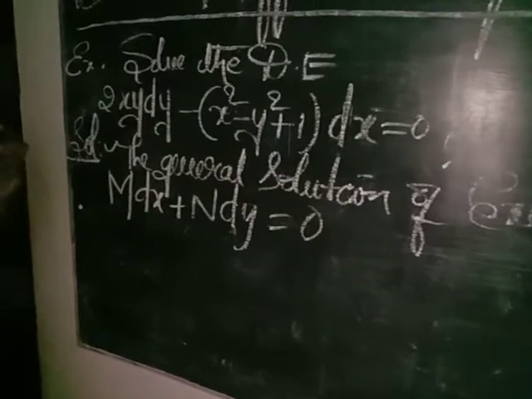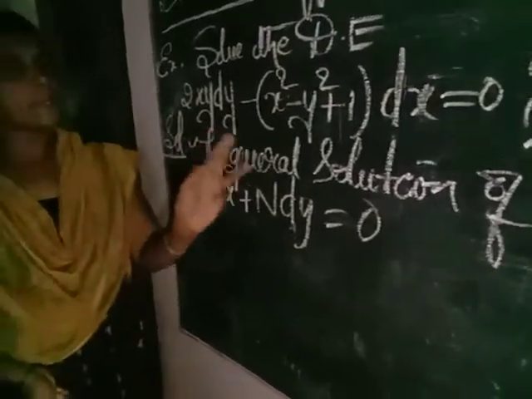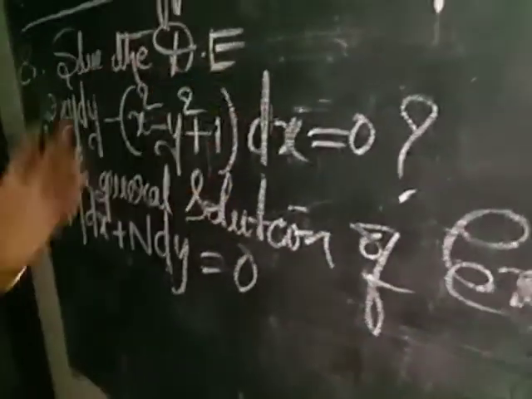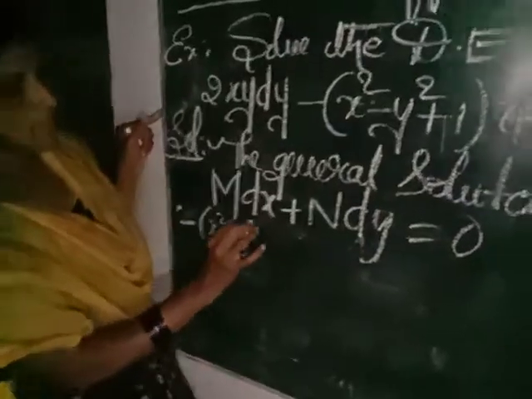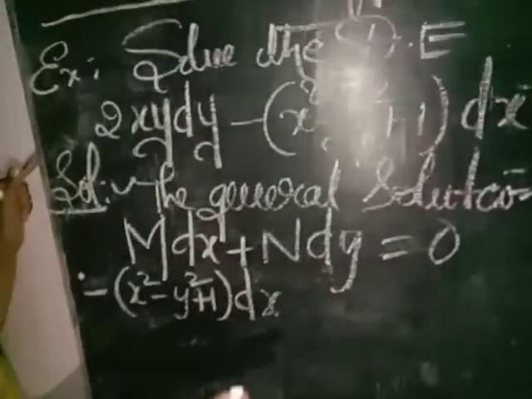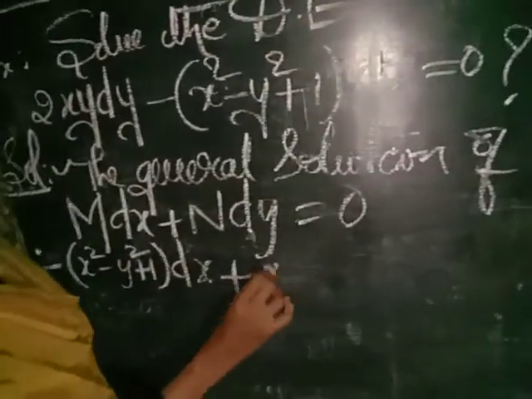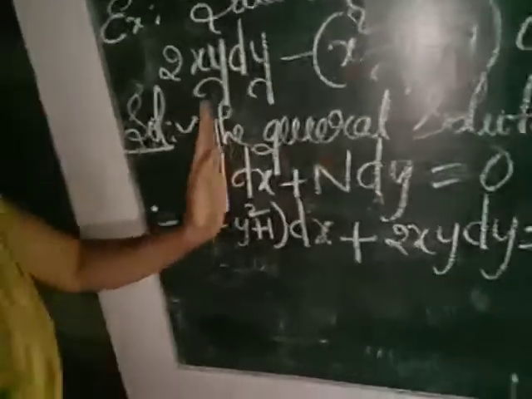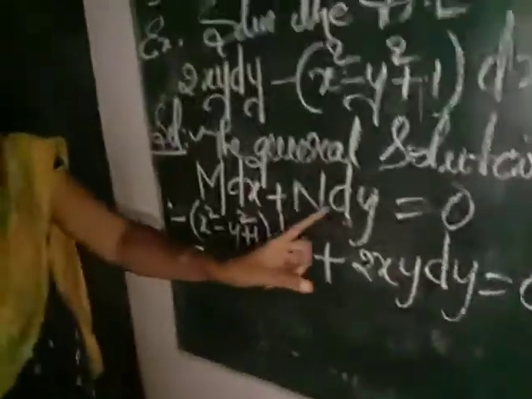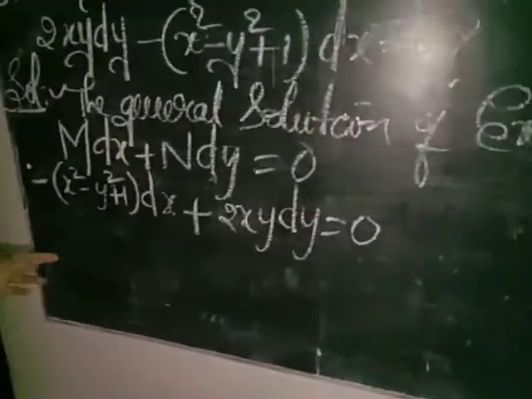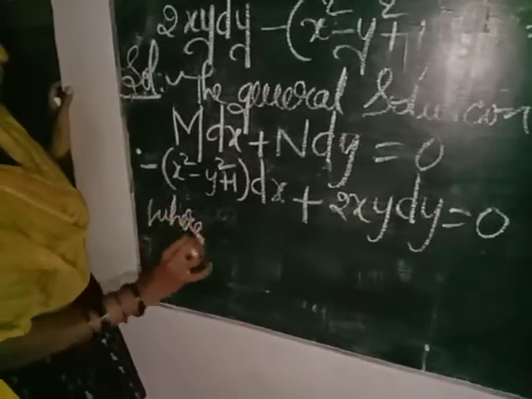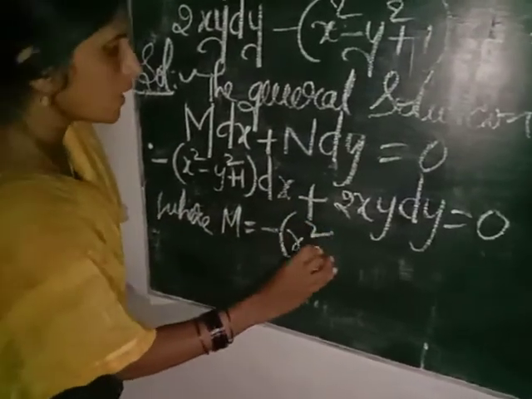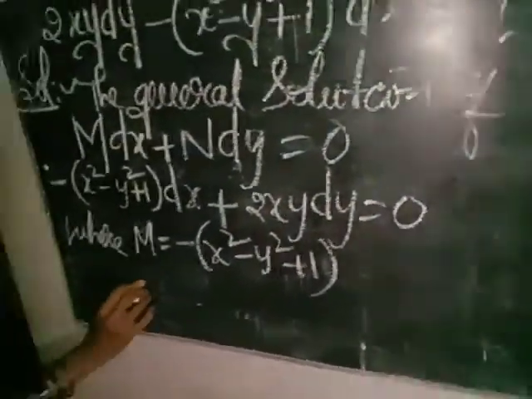The given differential equation is N dy plus the minus M dx. So we write minus (x square minus y square plus 1) dx, this is M dx. Next, N dy, that is 2xy dy equals 0. Comparing with the general form M dx plus N dy equals 0, where M equals minus (x square minus y square plus 1) and N equals 2xy.